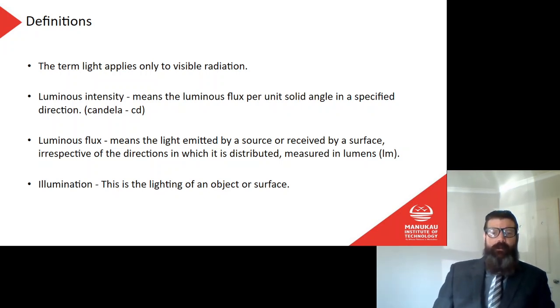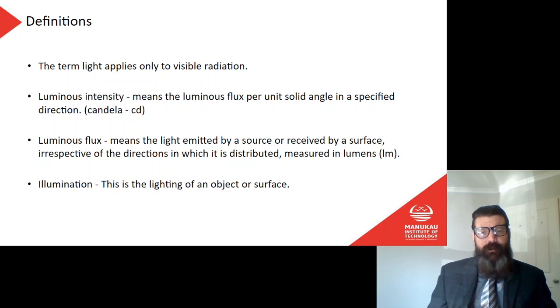Luminous intensity means the luminous flux per unit solid angle in a specified direction. So it's the intensity of light on a specified area. Luminous flux means the light emitted by a source or received by a surface, irrespective of the directions in which it is distributed. It's measured in lumens.